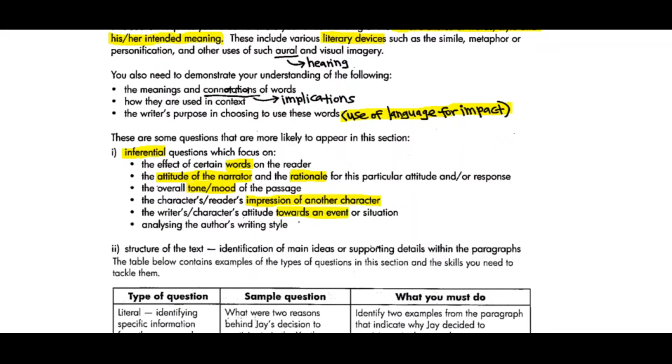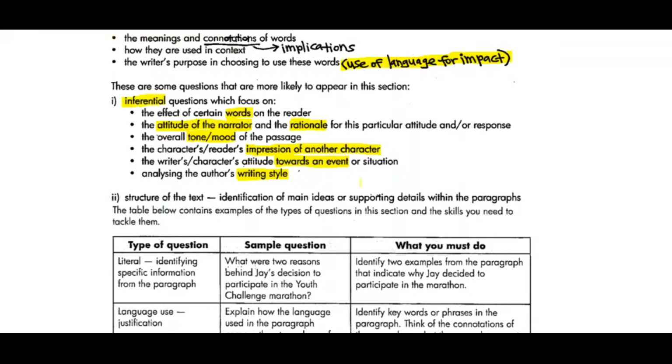Instead of a person, there's something happening, and how does he feel being in that situation? You should also be able to understand his writing style. Is he adopting a very sarcastic or satirical style of writing, for example? Those are inferential questions, whereby from the words in the passage you have to infer all these things, usually about the writer.